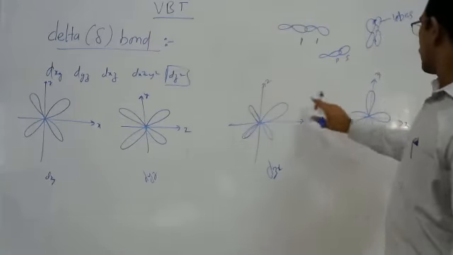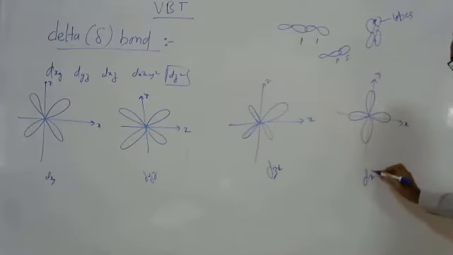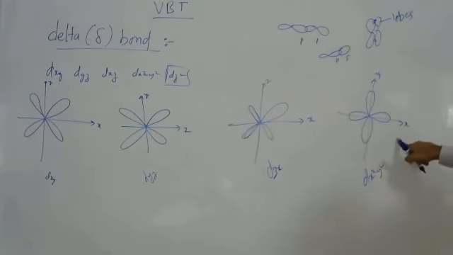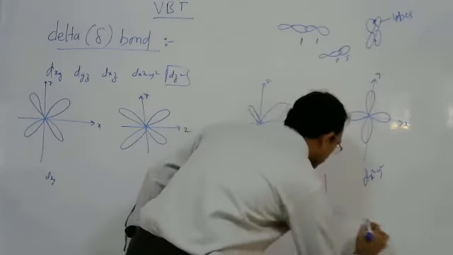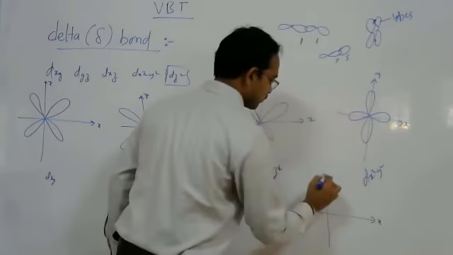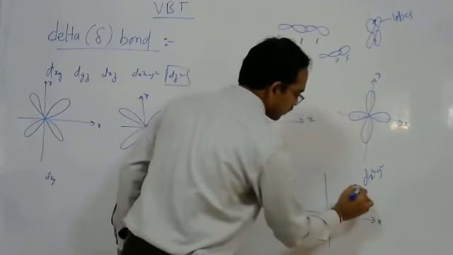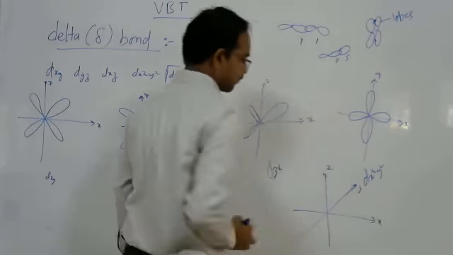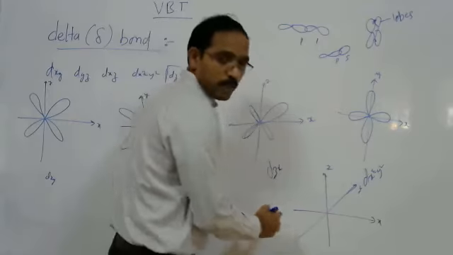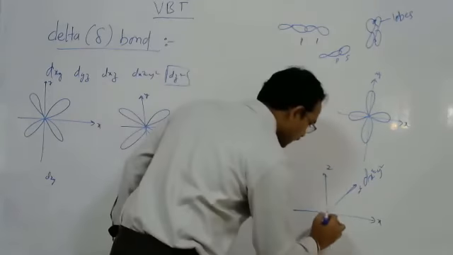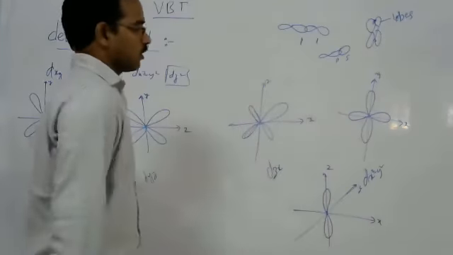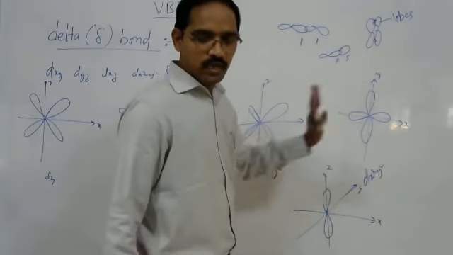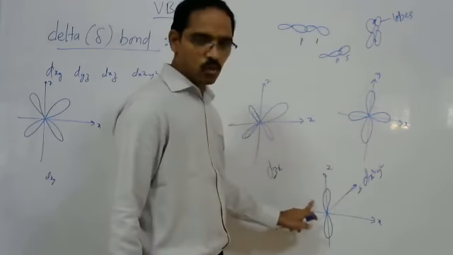This x square y square one is on the axis. Last, dz square is placed on only the z axis. Only the z axis. That's why it is not double double. X square y square is on the x and y axis, z square is on the z axis only.